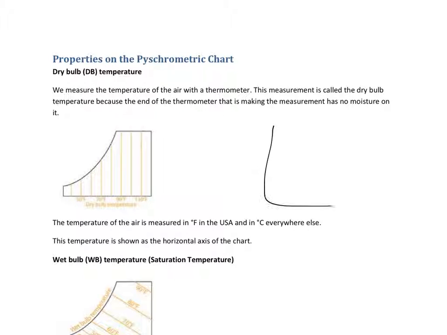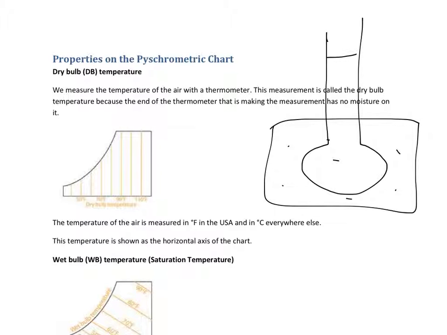So essentially what that is, if we have a sample of air, so this is our sample of air right here, and if we stick in a thermometer bulb that looks like this, and it's got its scale like that, what ends up happening is the kinetic energy of these moving particles is going to be transferred to the kinetic energy of the moving particles within that dyed alcohol, and as the energy increases, the volume that each particle is going to occupy is going to expand, so therefore we get this movement of the liquid upwards through the scale, and we read a higher temperature reading. So essentially that's what the dry bulb temperature is. It's probably the most common way that we measure things.